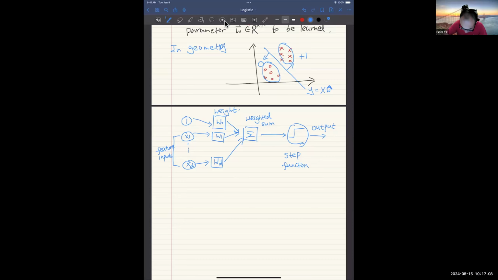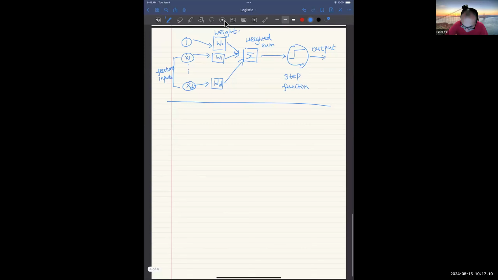So now the question is how to find W and how to train W. I want to remind you that we need to find the loss. Basically we're given the training data set D, (x_i, y_i) for i from 1 to n.